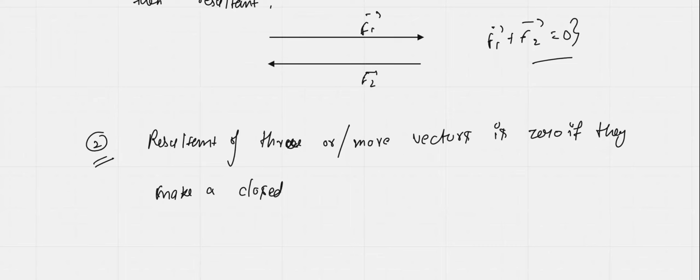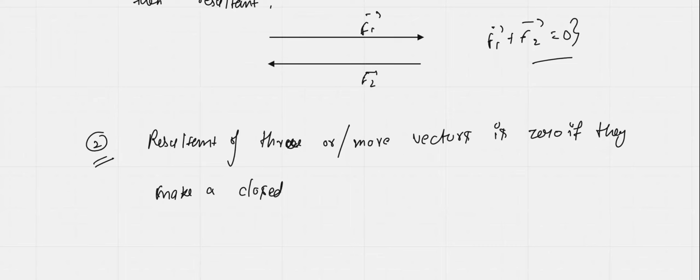You can simply say that this is F1, and all these vectors whose cycle is closed have resultant zero. These are the two important things.